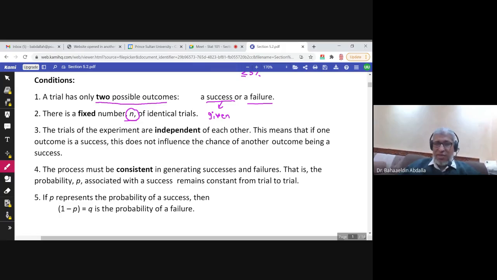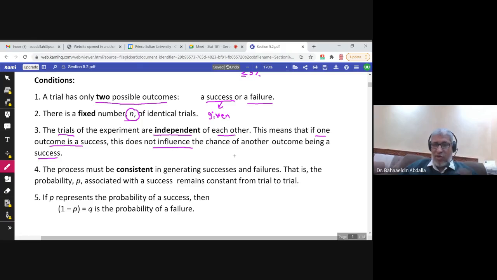Well, the third condition, as we mentioned, is that the trials are independent of each other. So if one outcome is a success, this doesn't influence the chance of another outcome being a success.